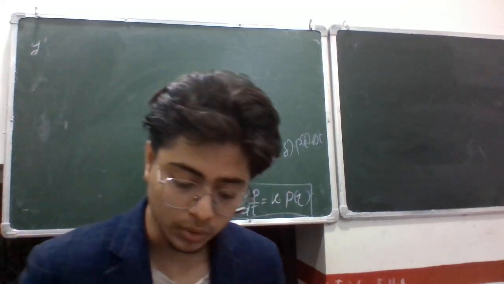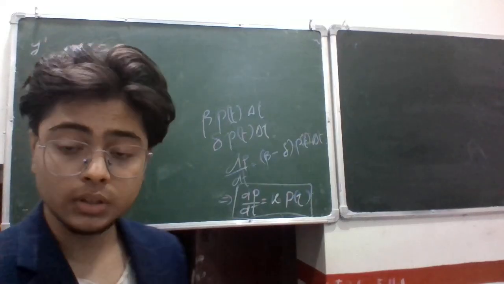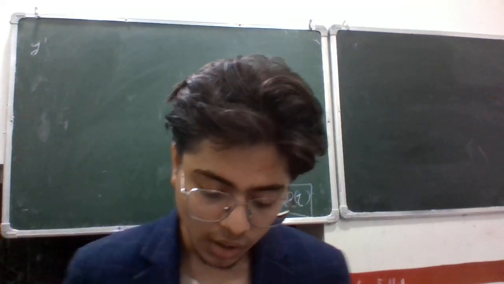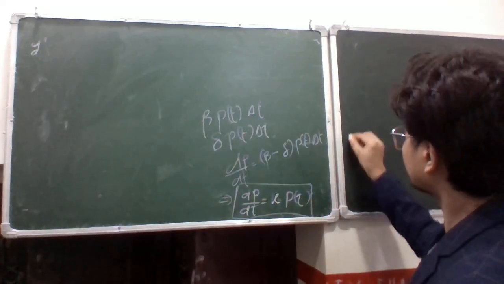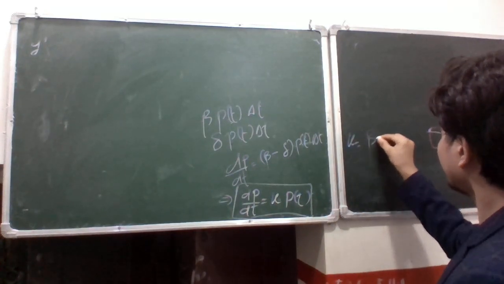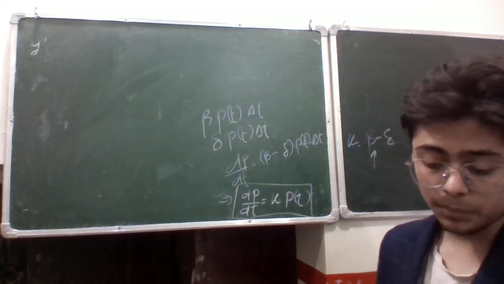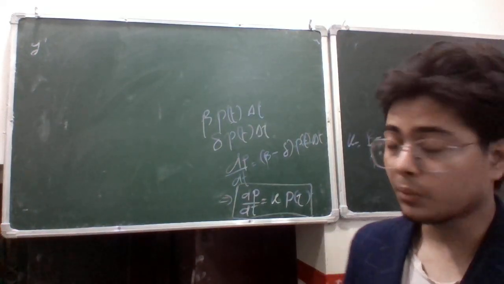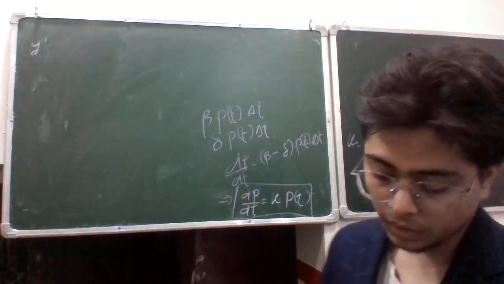This is our population growth problem, where k is a proportionality constant equal to beta minus delta, where beta is the number of births per unit time, whereas delta is the number of deaths per unit time.